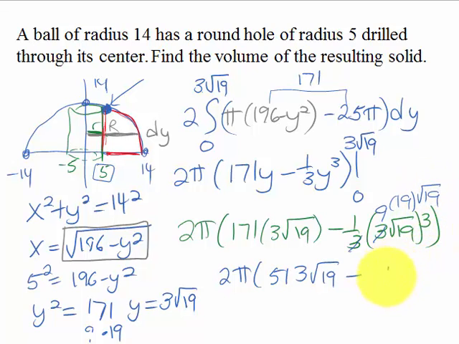So here, that's going to be 1 carry the 8, so 171 square roots of 19. So it looks like my final answer here, when I multiply that by 2, is 684 square roots of 19 pi.